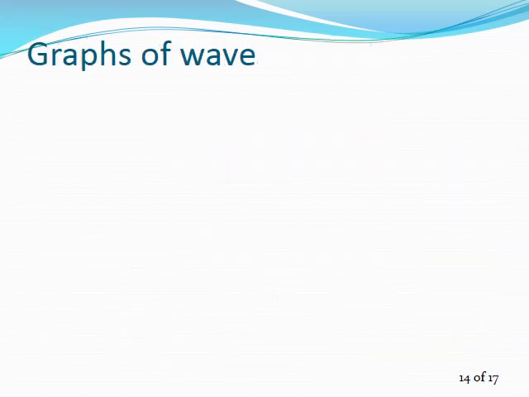We need to represent some sort of graph for these waves. The way we're going to do that is we're going to take our function that we just described, and I'm going to freeze it in one variable. Let's choose position first.